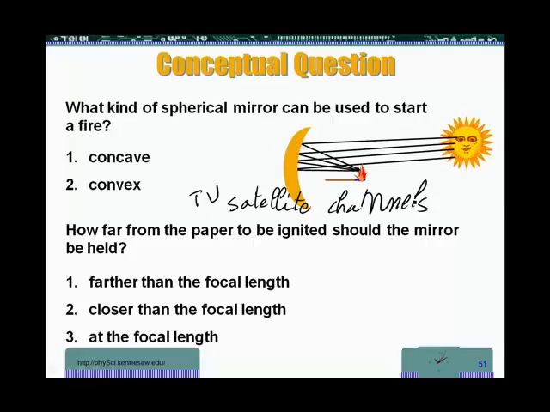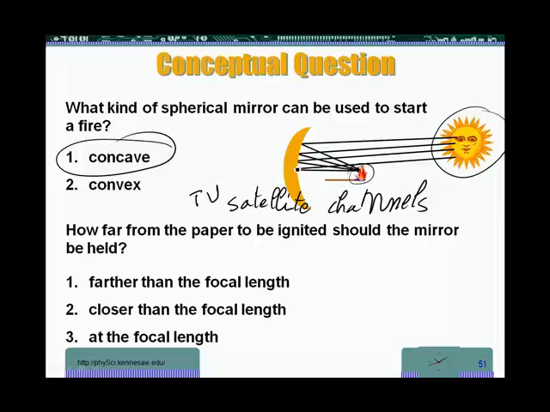Okay, now in the case of starting a fire, what you are going to have to think of, you are going to need sunlight, and that sunlight is going to come from far away, so by the time it reaches the mirror, the light rays coming off from it are essentially parallel to each other, and you want them to focus on one point to light up that fire. Okay, so to be able to do that, it has to be a concave mirror.